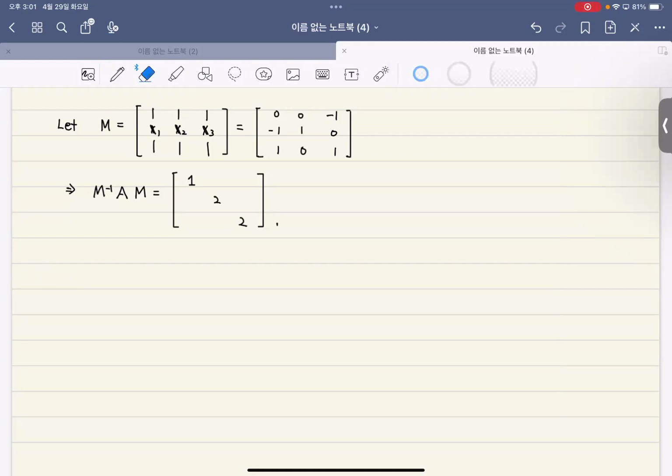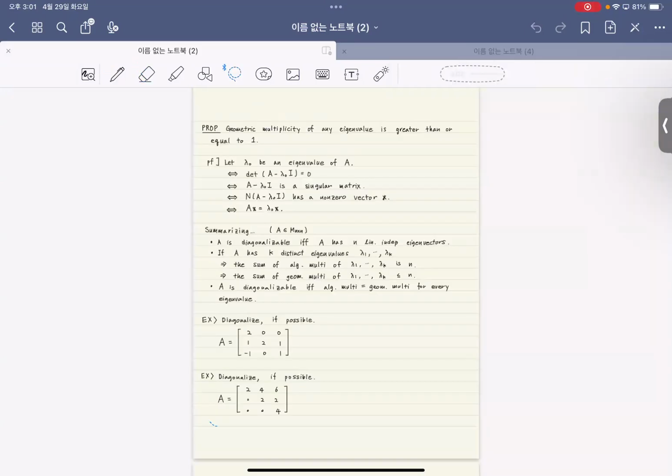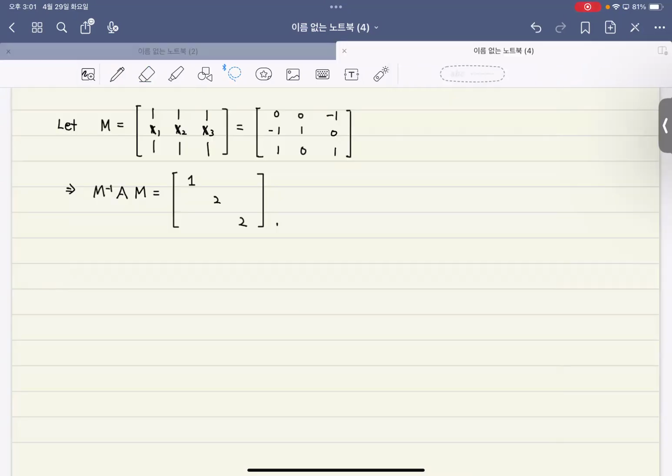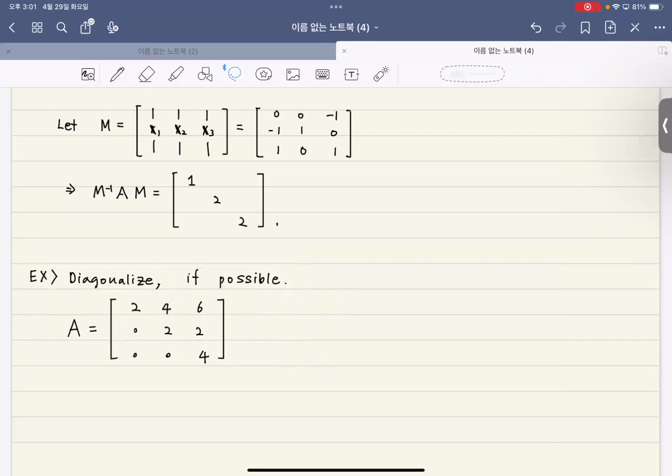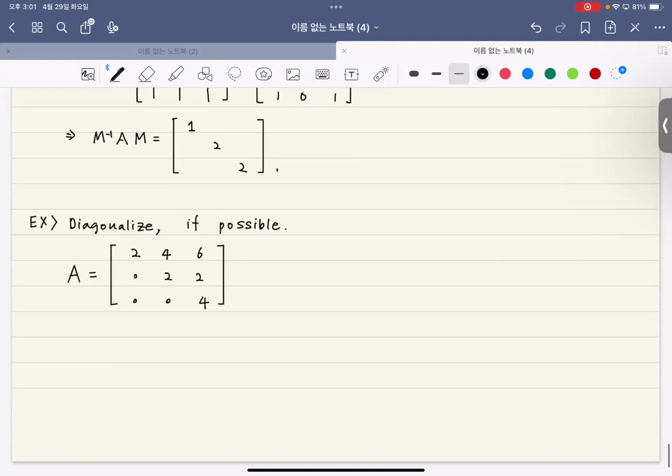The next example is this: I want to diagonalize this matrix whose diagonal entries are 2, 2, and 4. In this case, the characteristic polynomial is very easy to compute.